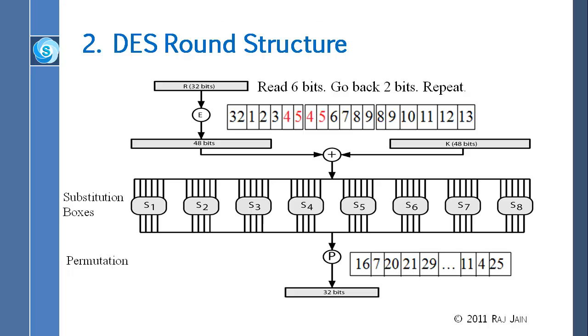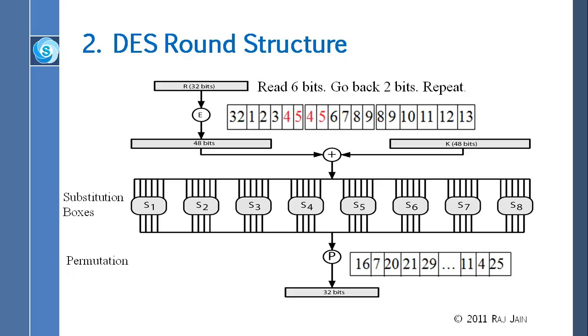Alright, you already have the keys which are 48 bits. Just simply exclusive OR them. That gives you 48 bits. Then you divide them into 8 chunks of 6 bits each. And you take the 6 bits and go through some kind of substitution box which takes the 6 bits and produces 4 bits.